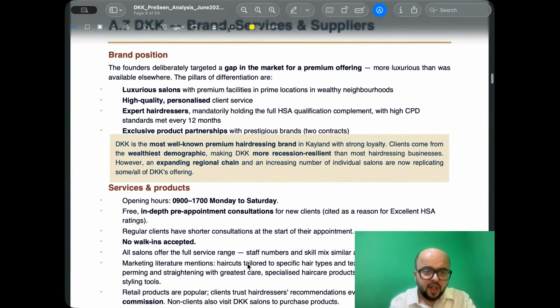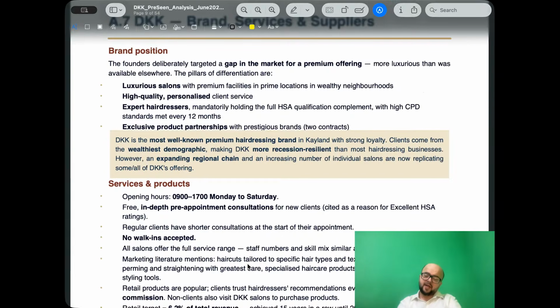The brand position: the founders deliberately targeted a gap in the market for a premium offering, more luxurious than was available elsewhere. The pillars of differentiation are luxurious salons with premium facilities in prime locations and wealthy neighborhoods. High quality personalized client service, expert hairdressers, mandatorily holding the full HSA qualification complement with high CPD standards, which are evaluated and checked every 12 months.